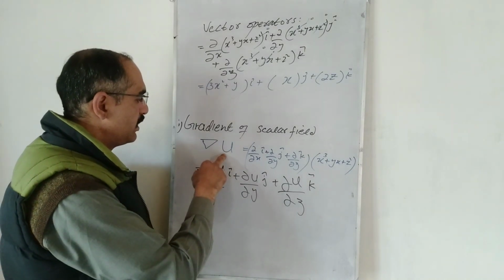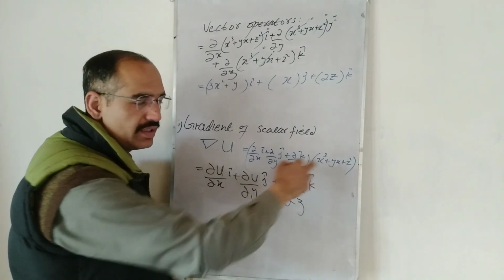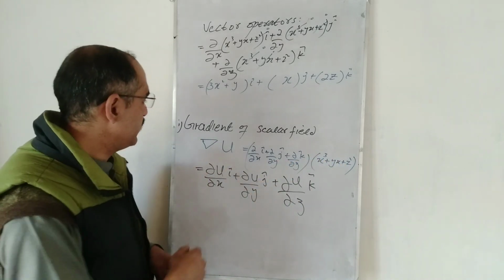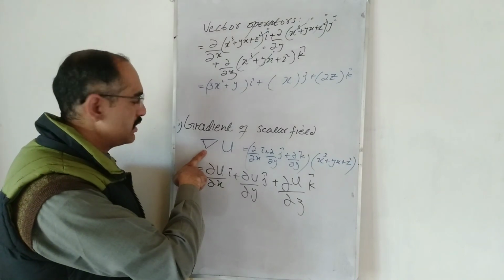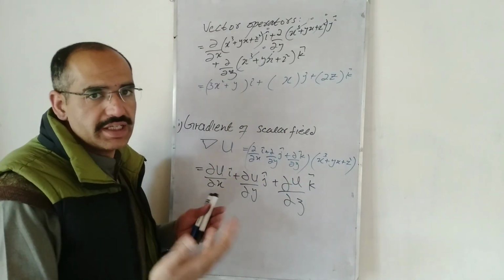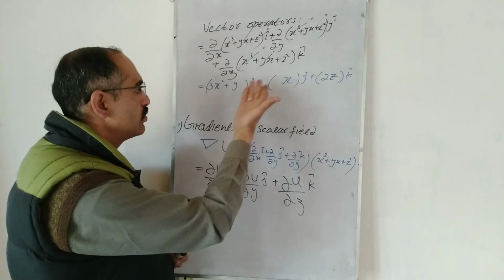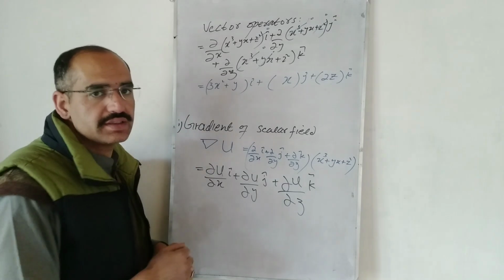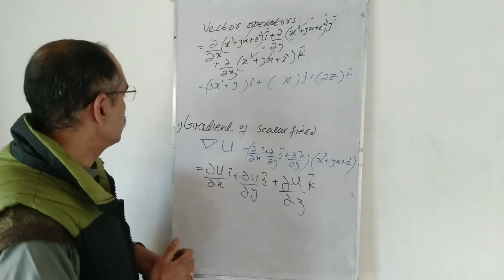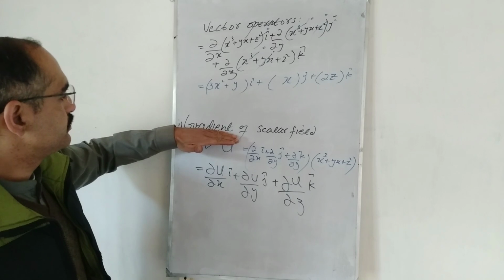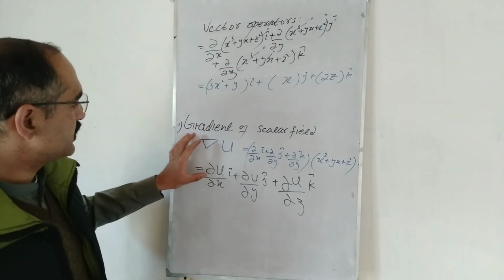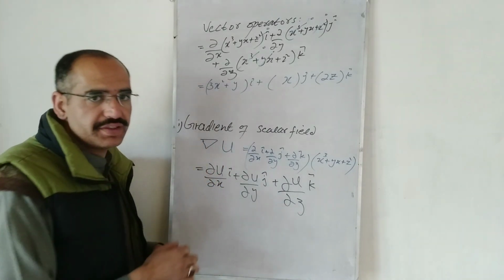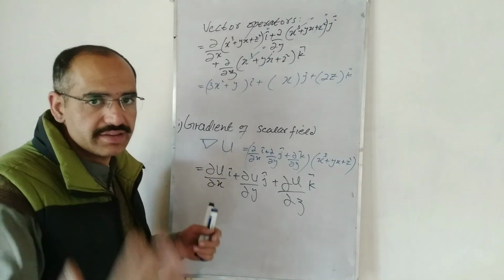Earlier this was a scalar field, with no vector, just a scalar, and this gradient operator has changed this scalar field into a vector when we take the gradient of the scalar field. So the first property of the vector operators is that when we take the gradient of a scalar field, we will always obtain a vector.